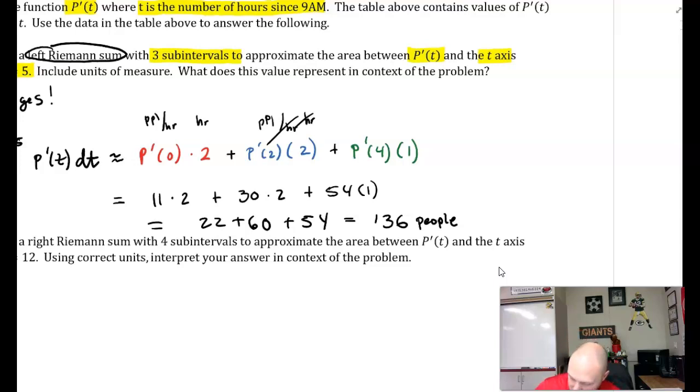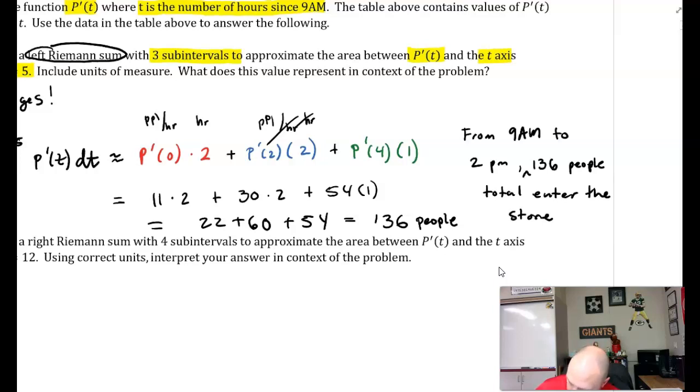So we can say from 9 a.m. to 5 hours later, that's going to be 2 p.m., 136 people total enter the store.